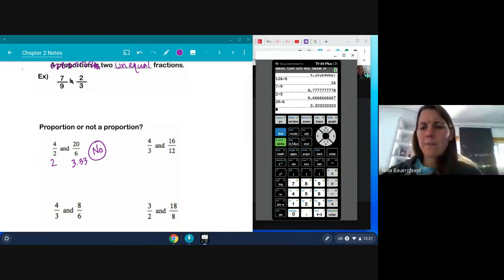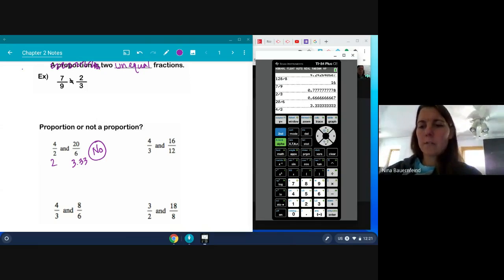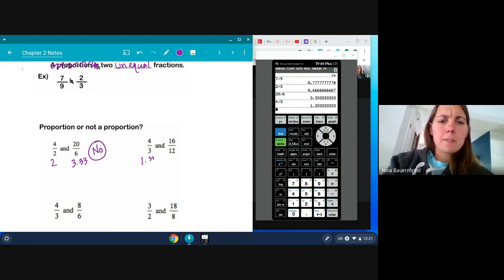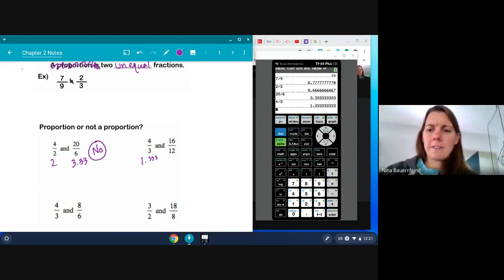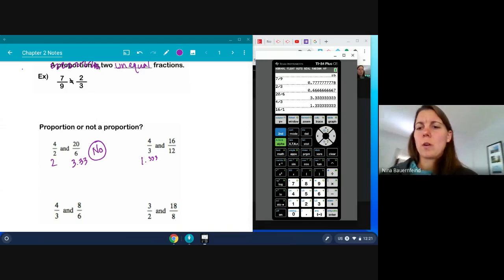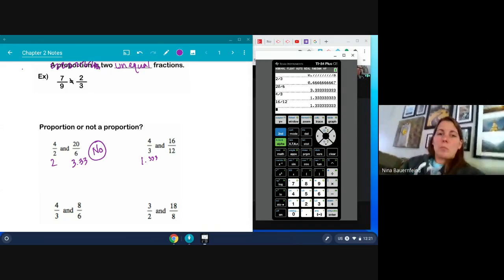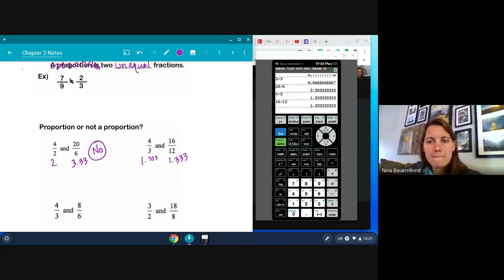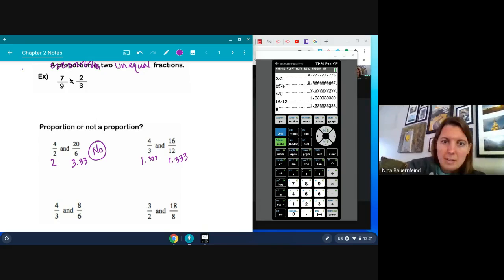If I did 4 divided by 3, we get 1.333. And then if I do 16 divided by 12, I get 1.333. So is this a proportion or not a proportion? Proportion. Yep.